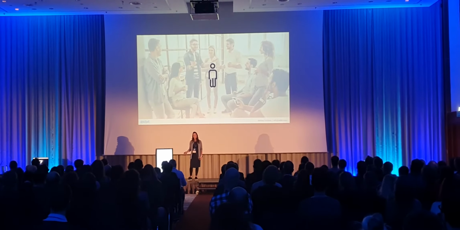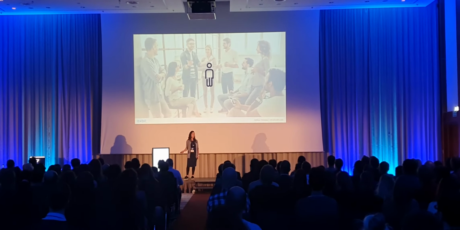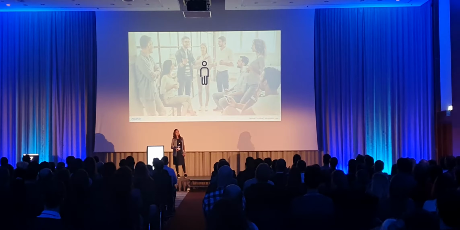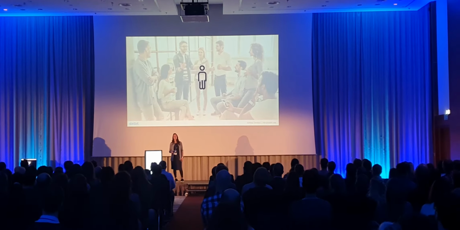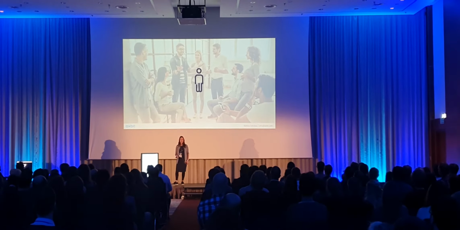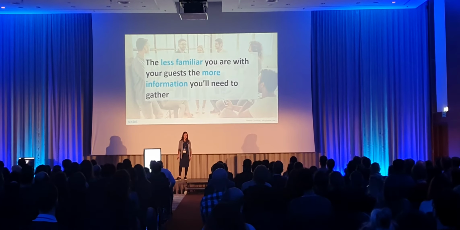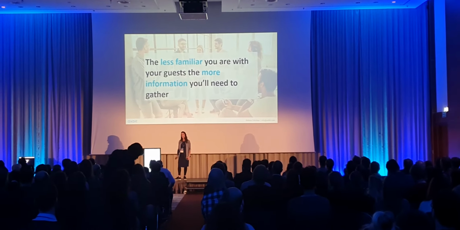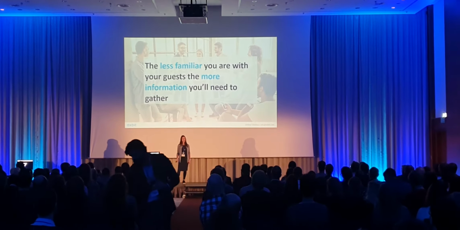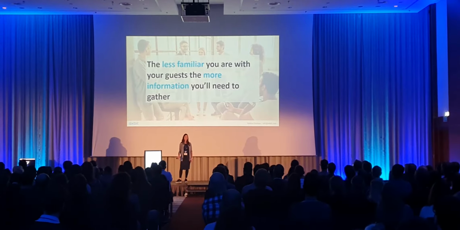But what happens when you are inviting colleagues, acquaintances? What happens when you're inviting strangers? It's the first time you meet them. You know nothing about them. The atmosphere is going to be different, and you will need a lot more information. The less familiar you are with your guests or users, the more information you need to gather on them to get it right.